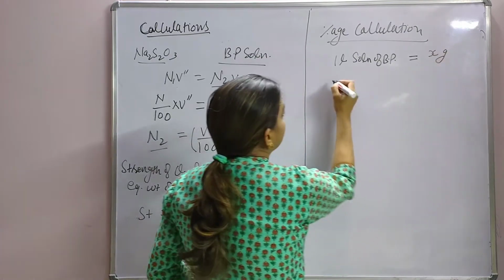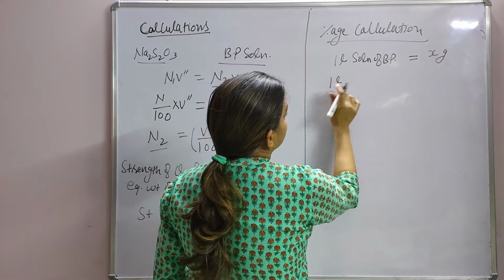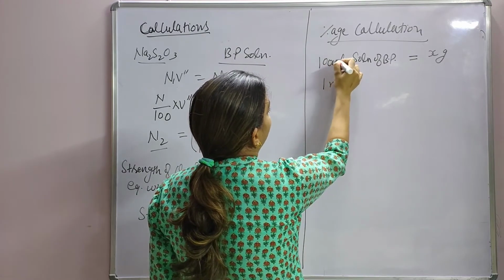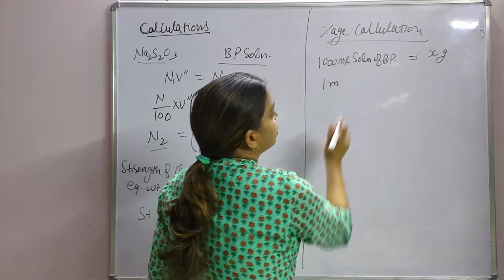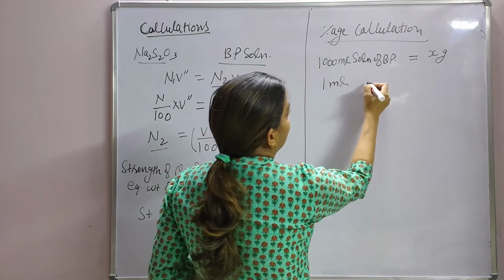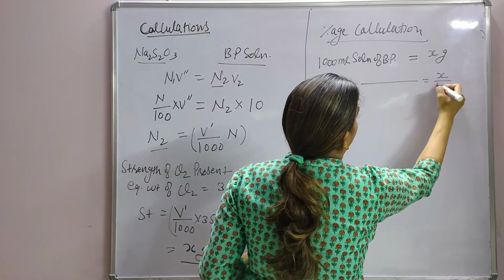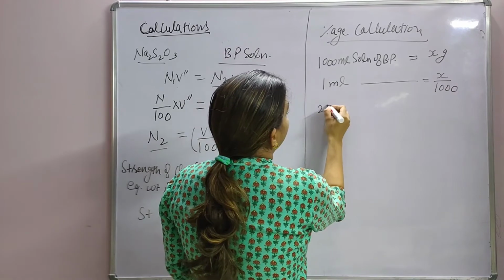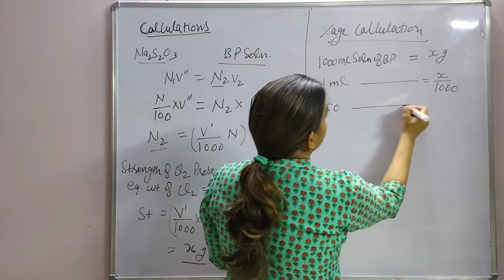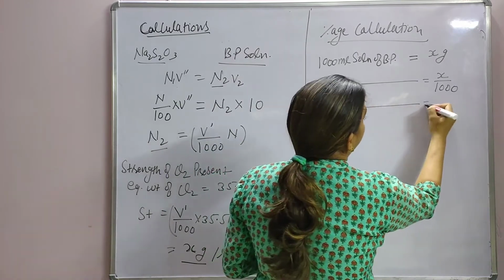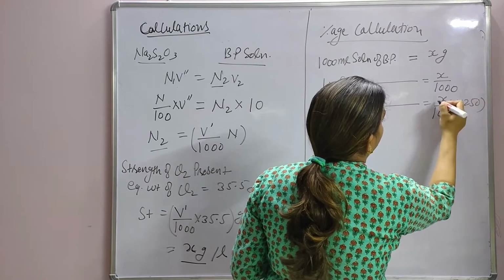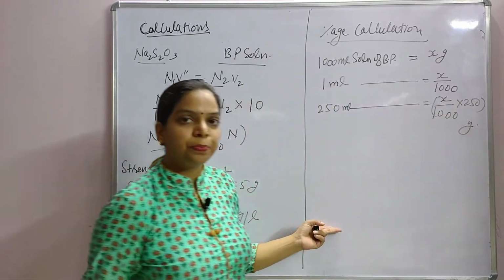X grams. It means 1000 ml of the solution of bleaching powder is containing x gram of chlorine. So 1 ml will have x by 1000, and we had initially 250 ml of the solution. 250 ml of the solution will have x by 1000 into 250 grams of chlorine.